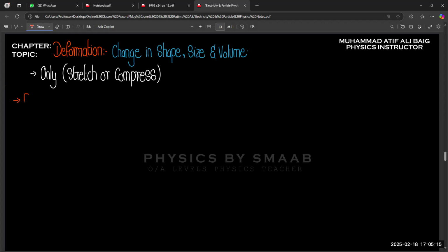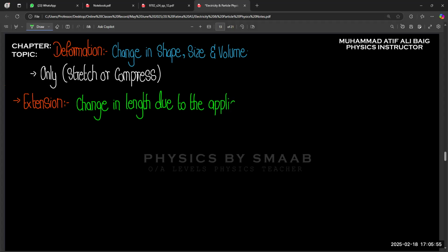So we have one term related to this, extension. Extension is the change in length due to the application of the force, and it can be defined in a very simple way.